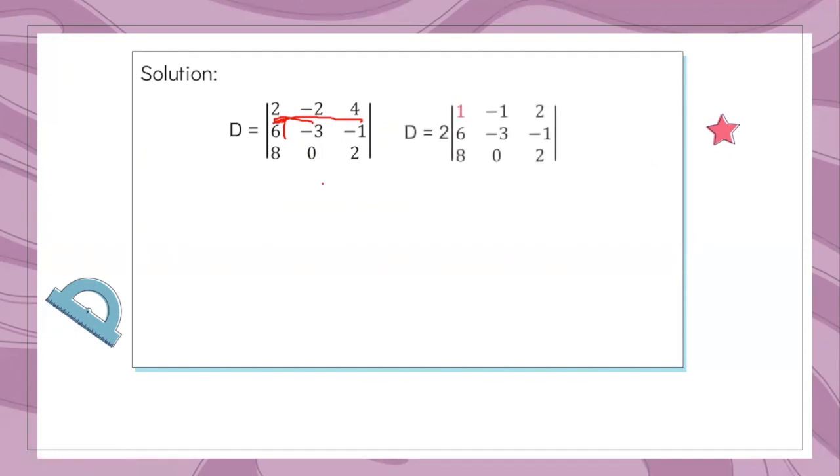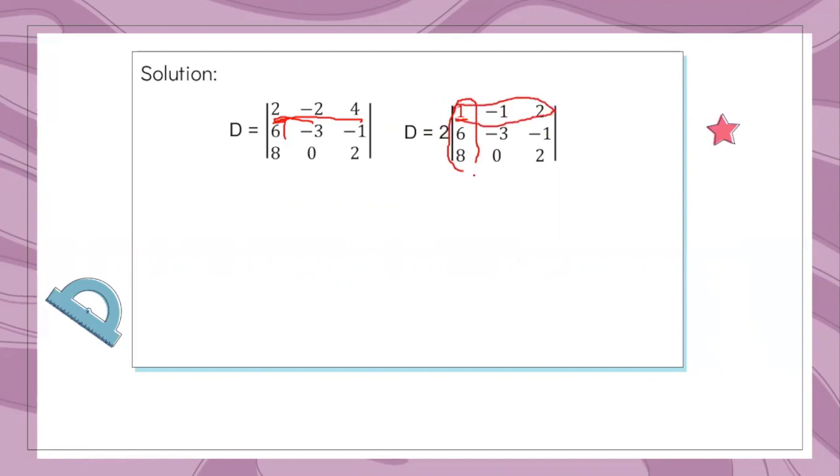Then 2 would be positive 1, negative 2 would be negative 1, and 4 would be 2. So now we have our pivot, which is positive 1. Then step 2, after locating it, is to cross out its row and column.